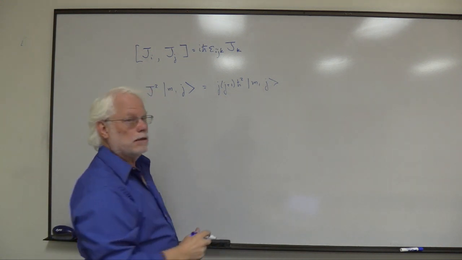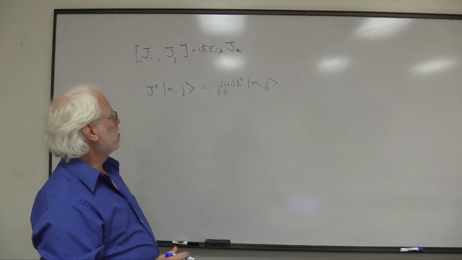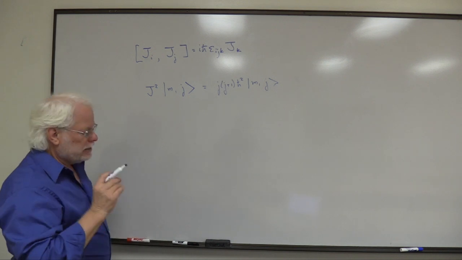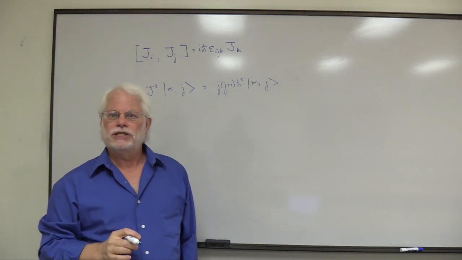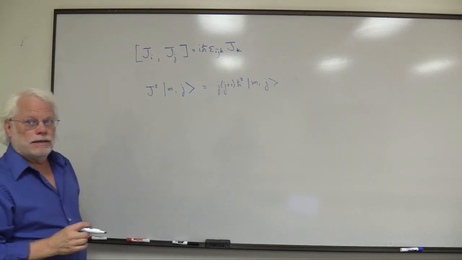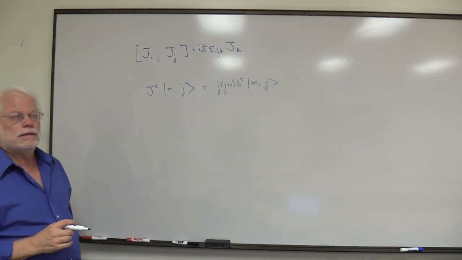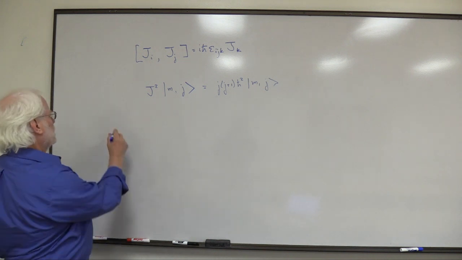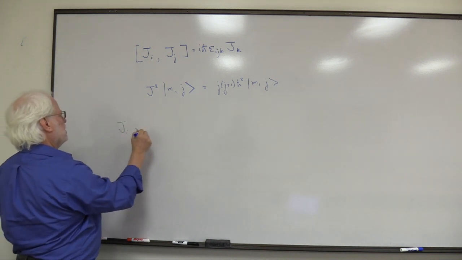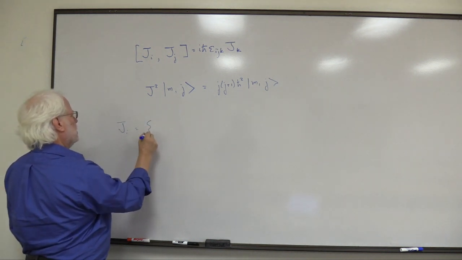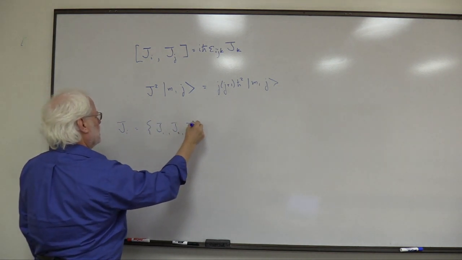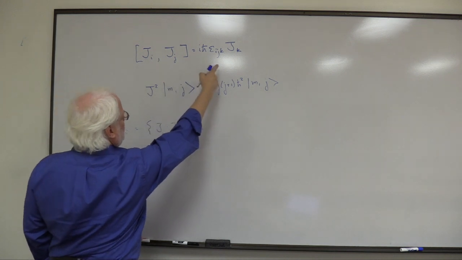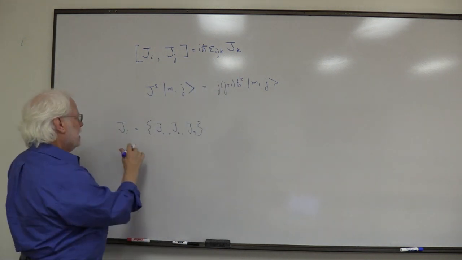What are the definitions of the J's again? I forgot. These are infinitesimal generators of rotations, three-dimensional rotations. So how is the J different from the i, j, and k? Ji, there are three of these: J1, J2, J3. So i, j, or k goes from 1 to 3.